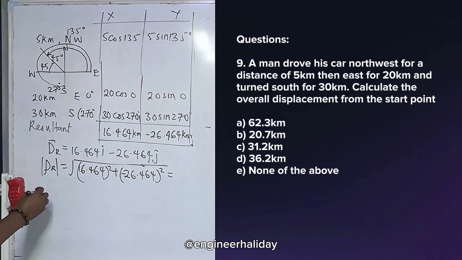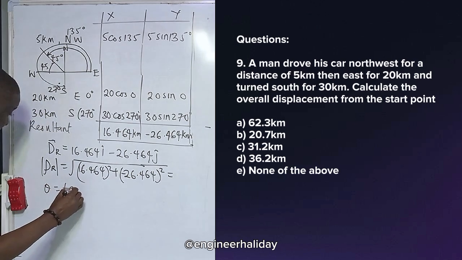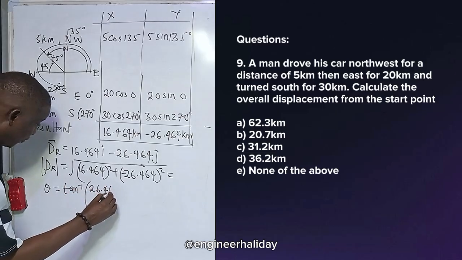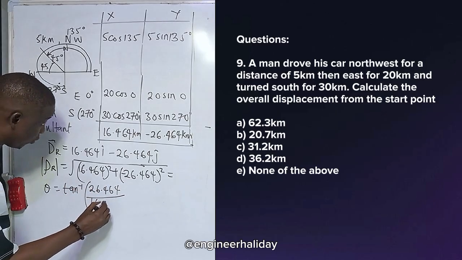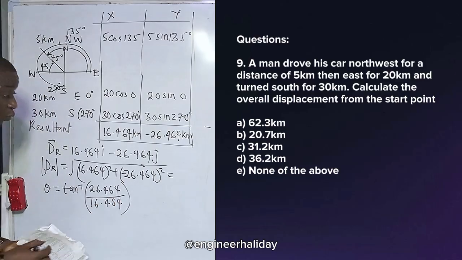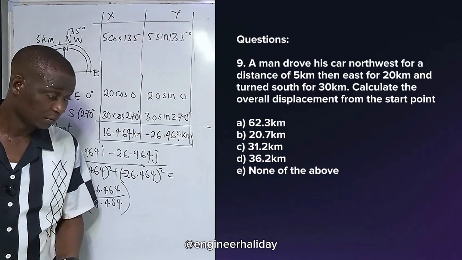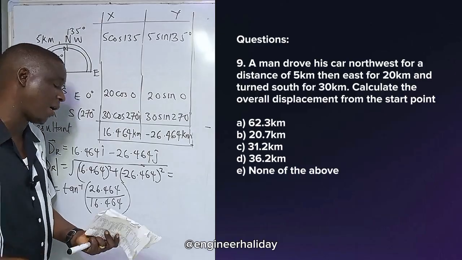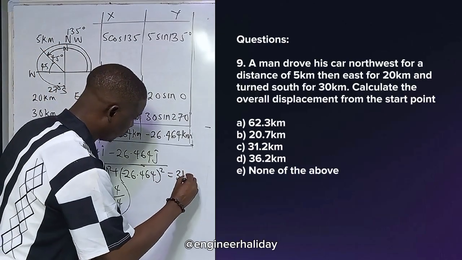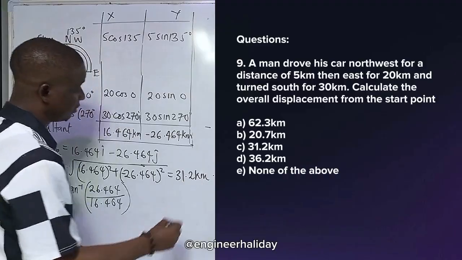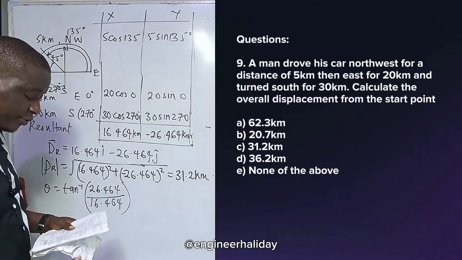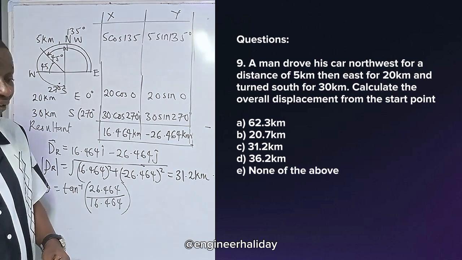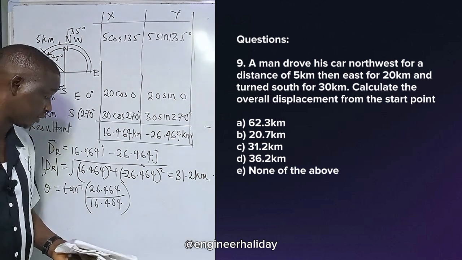Then after that, we look at the direction, which is the inverse tan of 26.464 divided by 16.464. The first one is 31.2 kilometer, which is the magnitude. If you check the options, I think that should be option B. Option C rather, 31.2, option C.